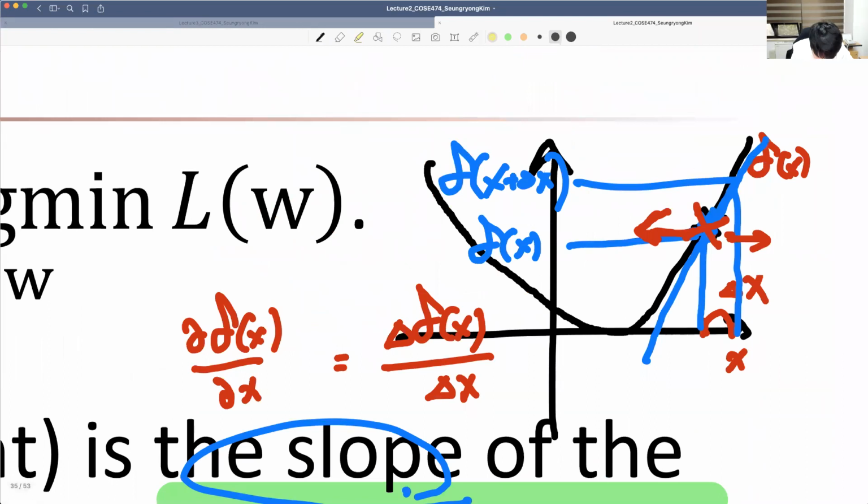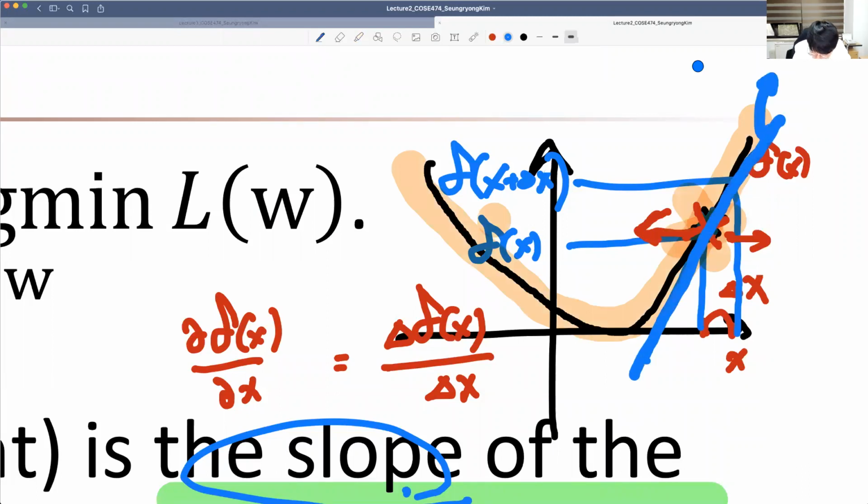Let's say we have a function, something like this one, right? Let's say we are here. Then the gradient means the slope of the tangent of the function at this point.